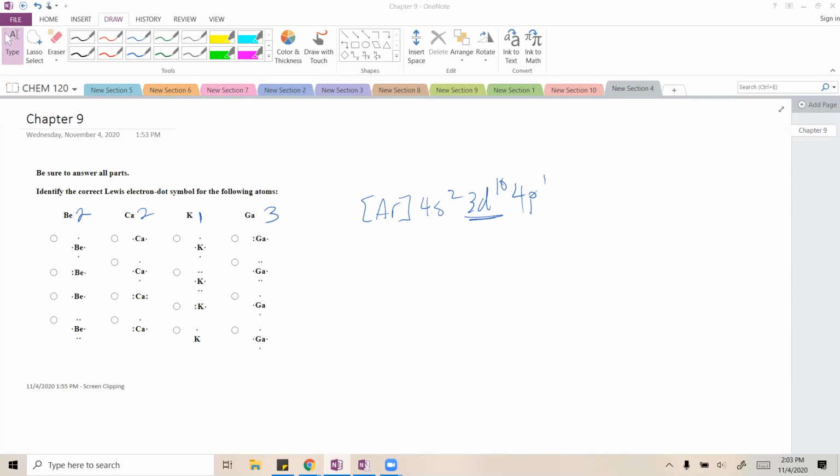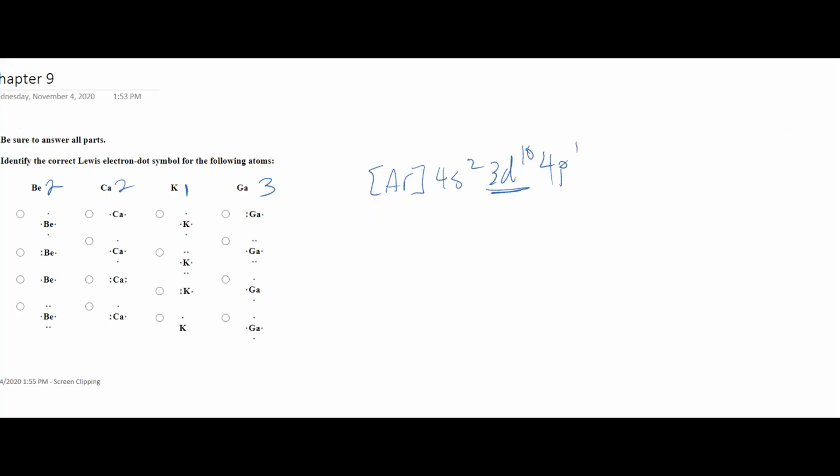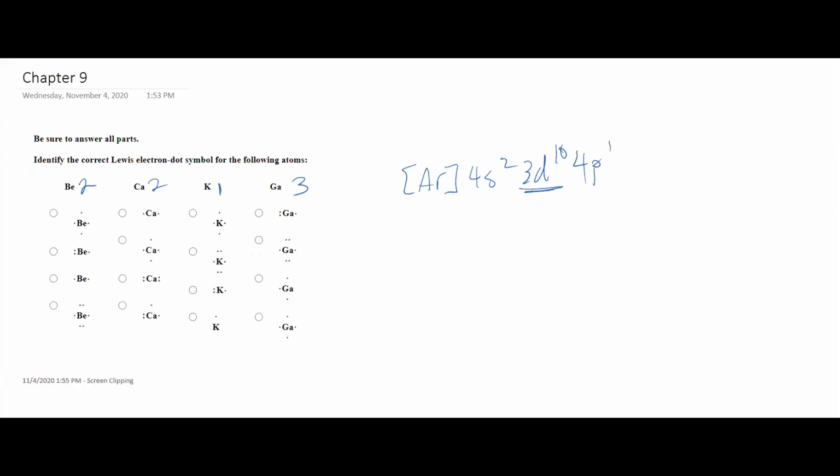Now I'm going to zoom in here a little bit, which should make that easier for us to see. There we go. If beryllium has 2 electrons, remember that in our Lewis structure we can have no more than 2 electrons to each side, and no side gets to pair up before every side gets 1.